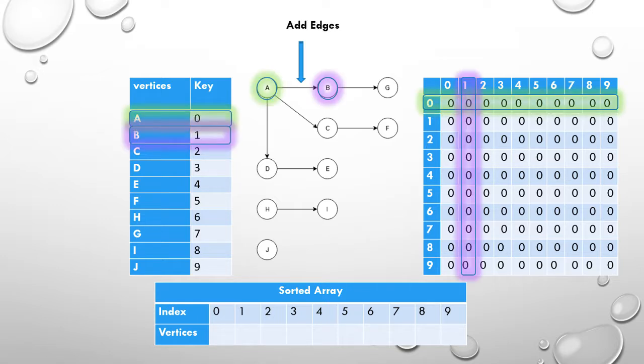So the next thing is to add edges. In this case, we have A and B, they have an edge. So we look in the vertices array, where we have A, its key is 0, so that represents this row 0 over here. Then we have B, whose key is 1, which represents this column over here.